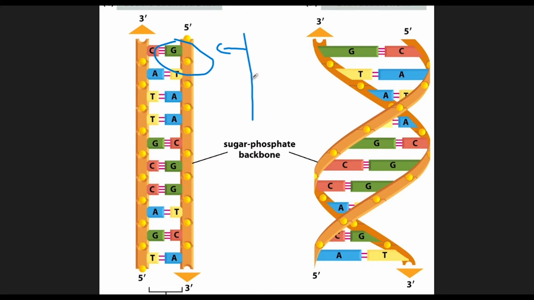For thymine, we shall have adenine. For adenine, we shall have uracil, because remember, this is a messenger RNA. In RNA, we don't find thymine. In the place of thymine, we get uracil.